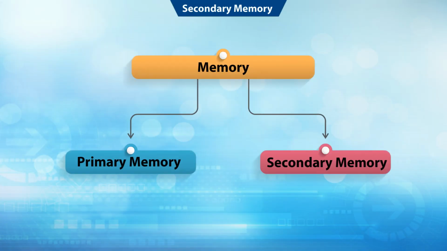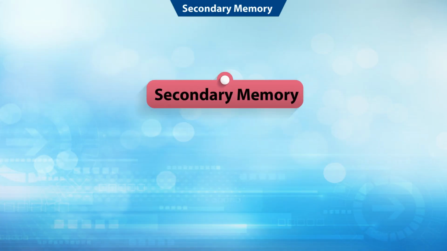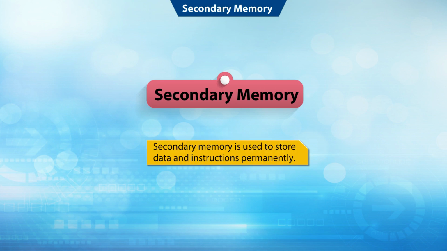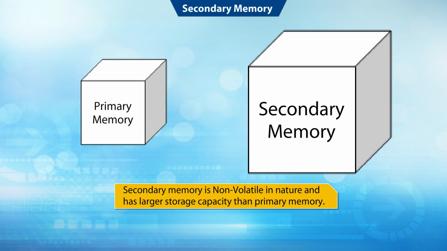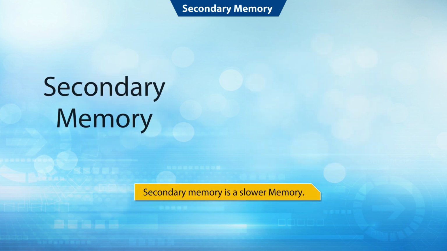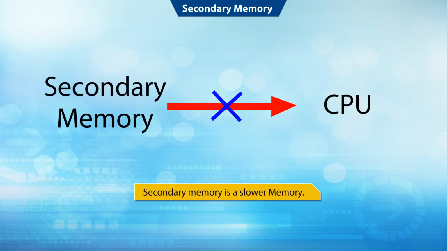Now, let us look at secondary memory, which is also known as auxiliary memory. It is used to store data and instructions permanently. Secondary memory is non-volatile in nature and has larger storage capacity than primary memory. Secondary memory is slower and cannot be accessed directly by CPU.